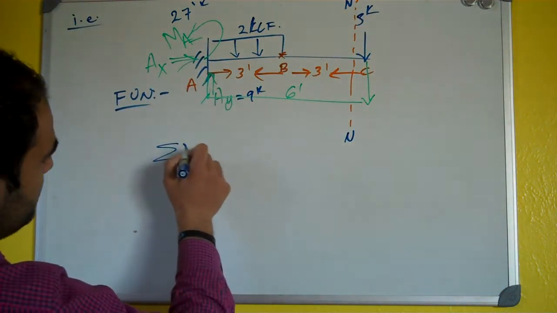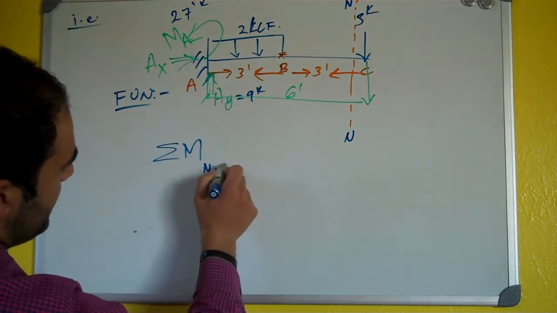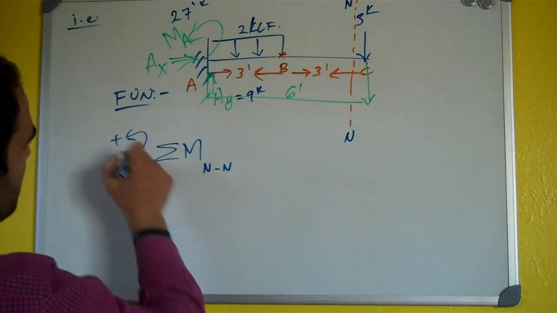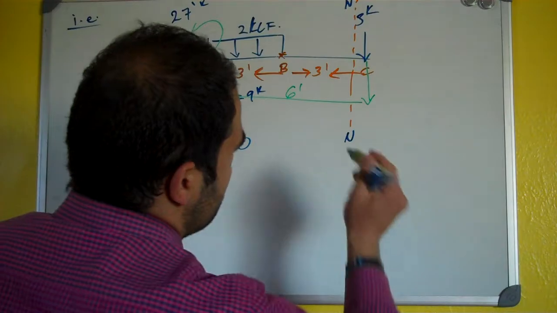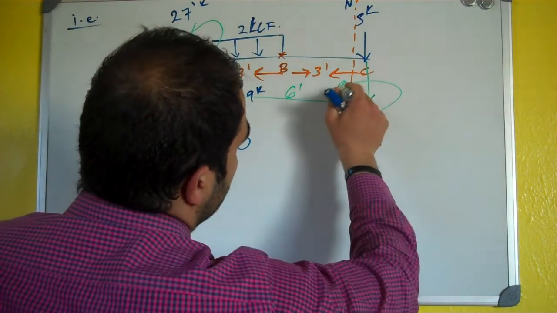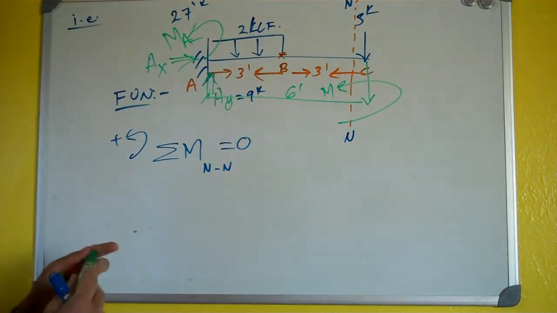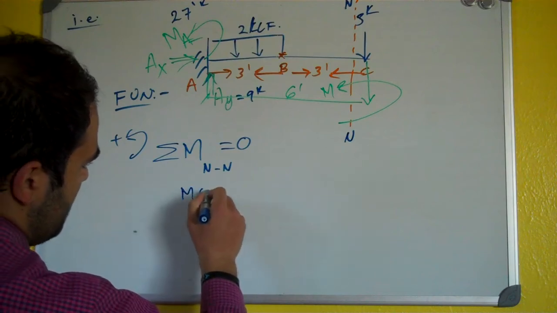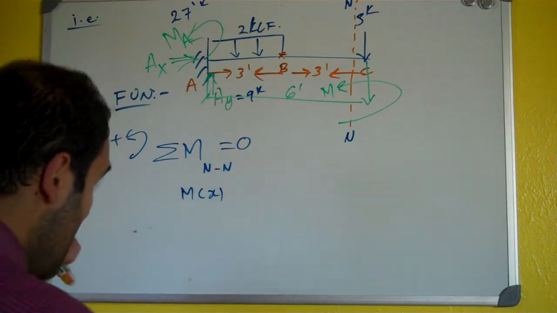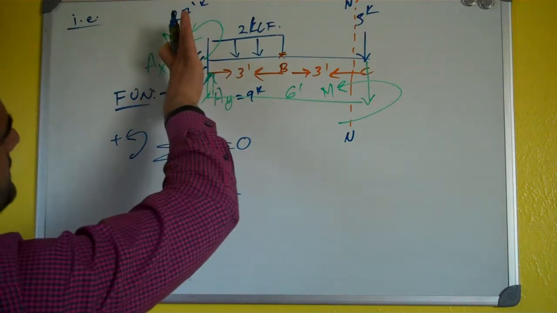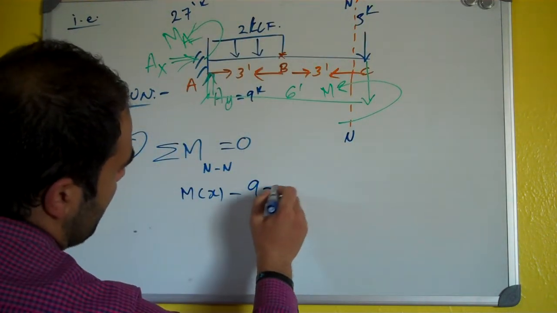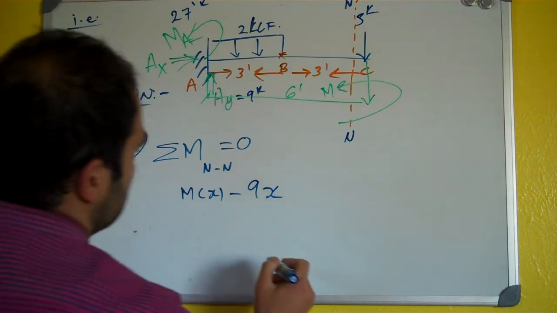So sum of the moments at NN, counterclockwise positive, as in the Cross-Hardy method. So moment of x, and then you have minus AY times x, 9x, and you've got also this.